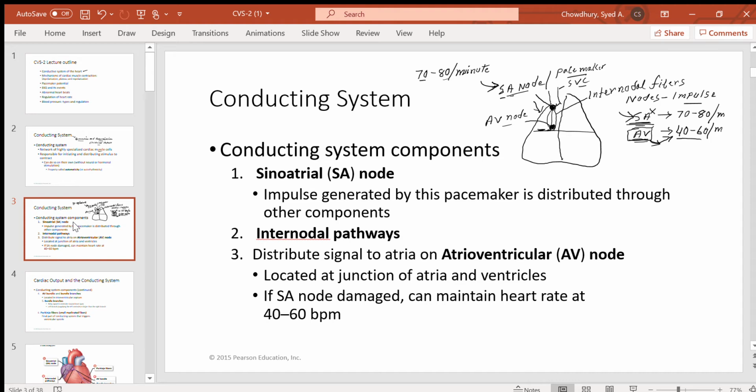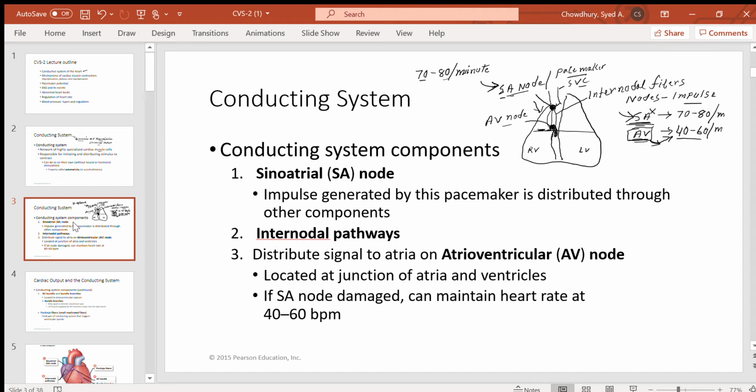Then this is the interventricular septum. You remember, the partition between the two ventricles. This is the left ventricle, this is the right ventricle. From the AV node, a packed bundle of fibers arises and gets into the upper part of the interventricular septum.